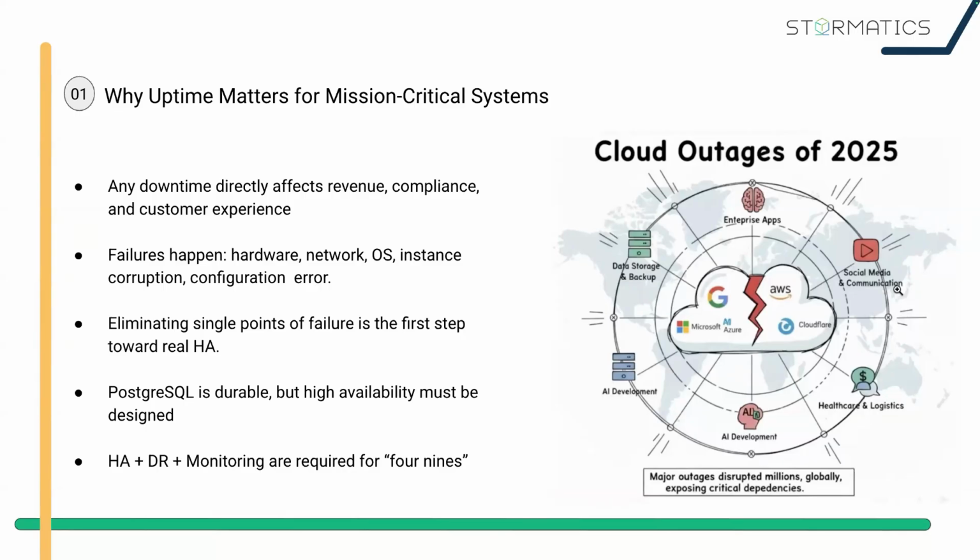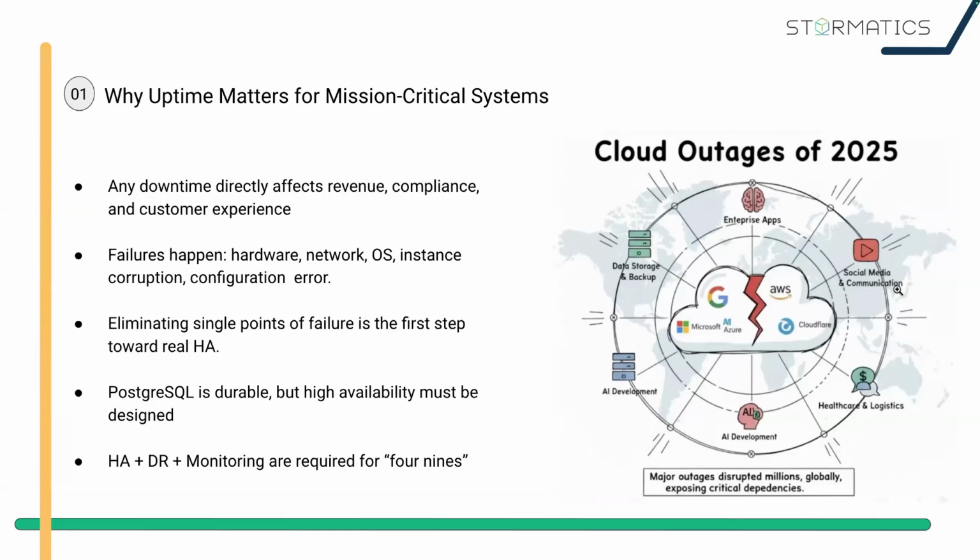And so how do we actually get there? The first step toward that is to eliminate single points of failure. And for that, we need replication, redundancy, and monitoring. And this can all be achieved by open source tools. And we can have four nines of availability using this.